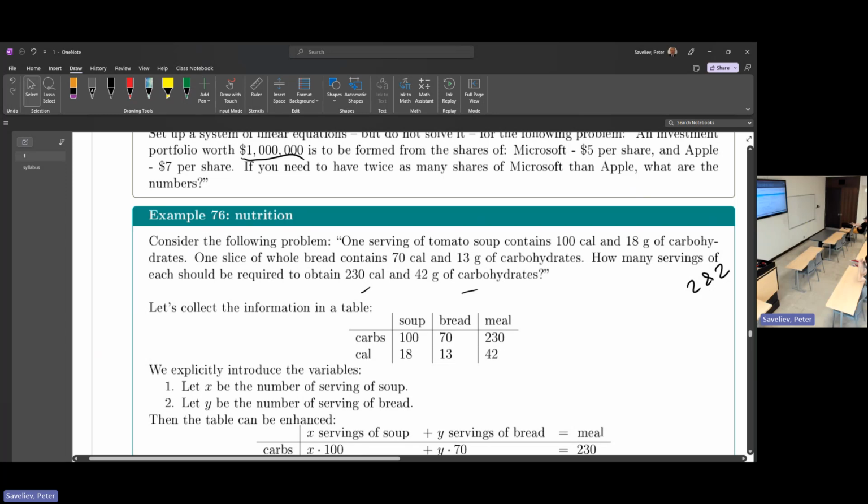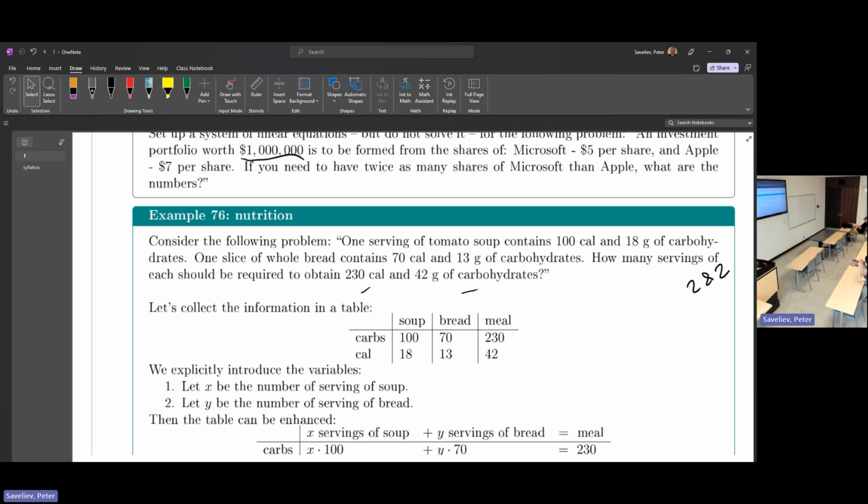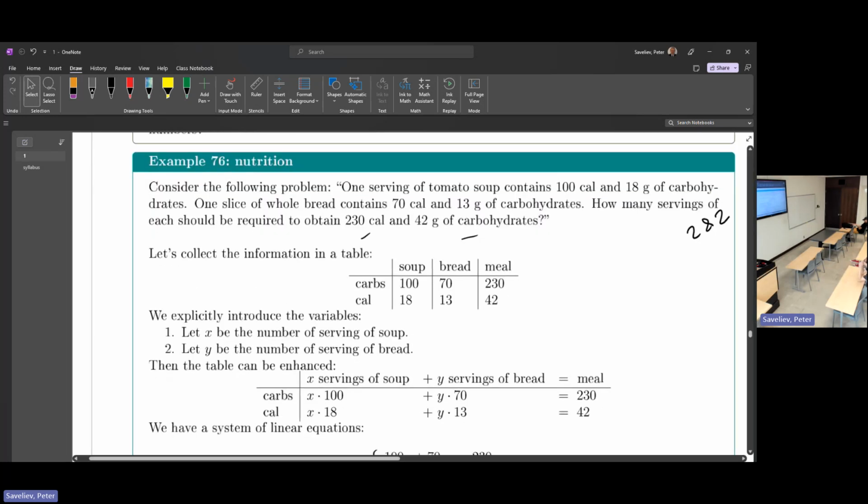inside the quotation marks into algebraic equations. So x servings of soup plus y servings of bread together give you the meal, and that applies to both of the things we pay attention to, the carbs and calories. So x times 100 plus y times 70.